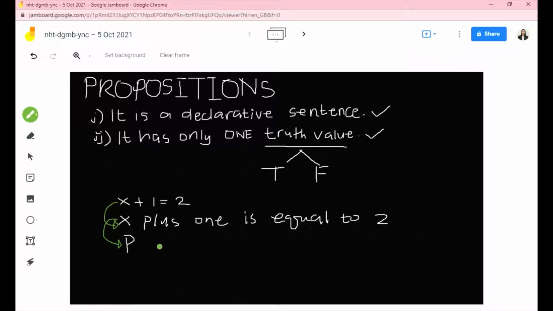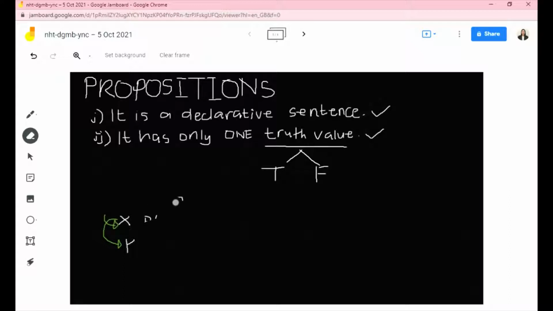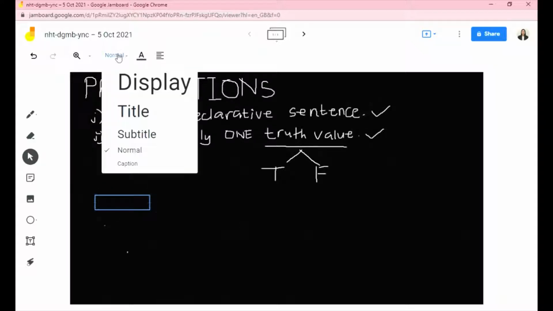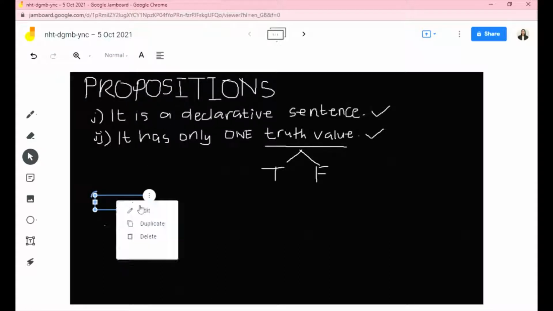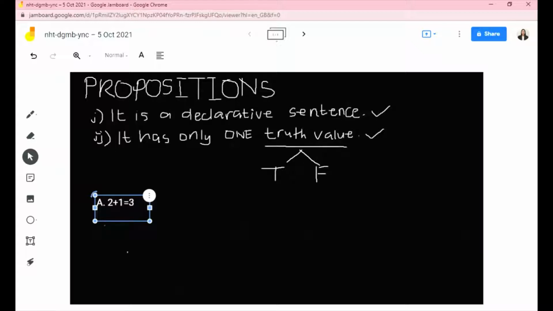Now let's continue our topic. Let's try to identify if the following sentences are considered as a proposition. Let's have the example. Let me write it here. 2 plus 1 is equal to 3.